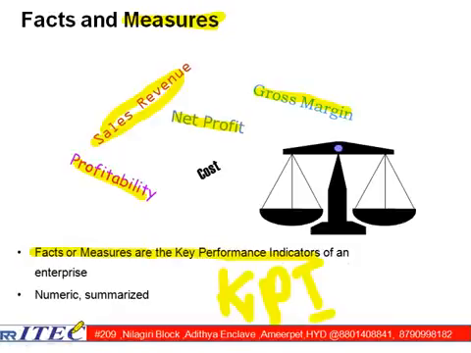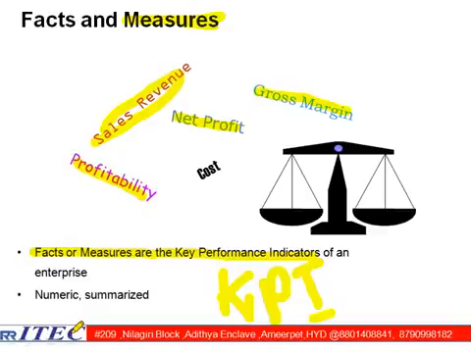If I give these 2 columns to you, you are able to justify whether my institute is going in profitability mode or loss mode. Yes or no, sir? That means expenditure and revenue are what, sir? My KPIs. Based on this, I am going to decide how the enterprise is doing, how the company is doing.